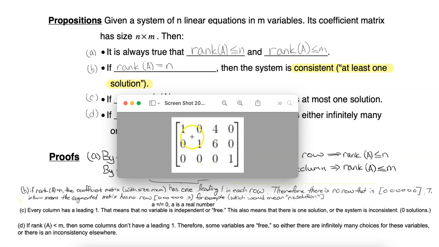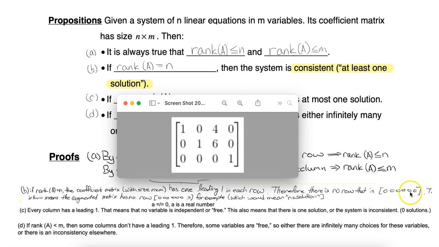Since every row has a leading one, there will never be a row at the bottom with only zeros, as written here. Remember, it's not necessarily a 3 by 4 matrix. It can be any number of equations and variables.